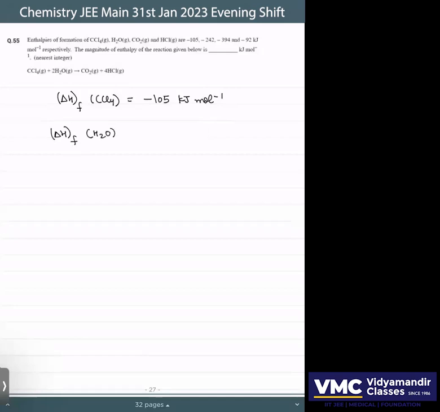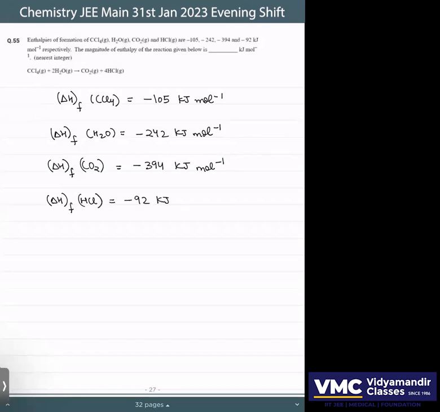Delta H formation of water is minus 242 kilojoule per mole. Delta H formation of CO2 is minus 394 kilojoule per mole. And delta H formation of HCl is minus 92 kilojoule per mole. We have to evaluate the magnitude of enthalpy of reaction for this.